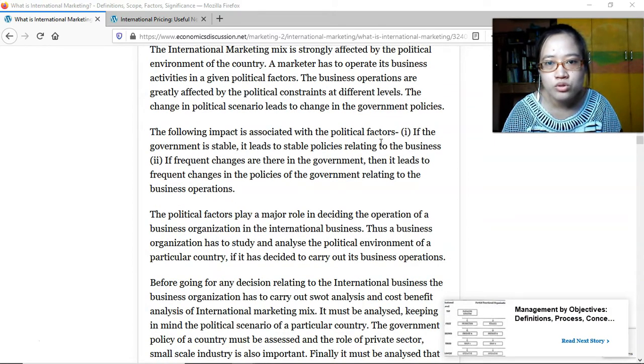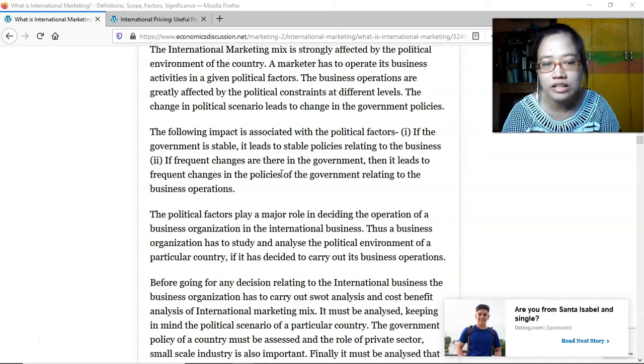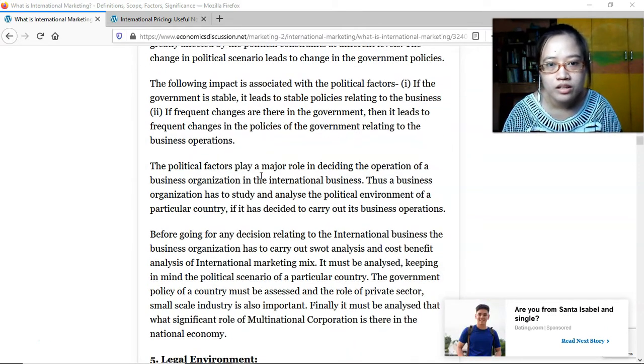The following impact is associated with political factors. If the government is stable, it leads to stable policies relating to the business. If frequent changes are there in the government, then it leads to frequent changes in the policies of the government relating to business operations. These play a major role in deciding the operation of the business organization in international business.